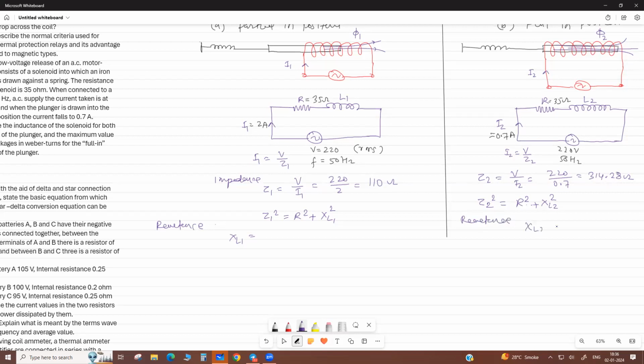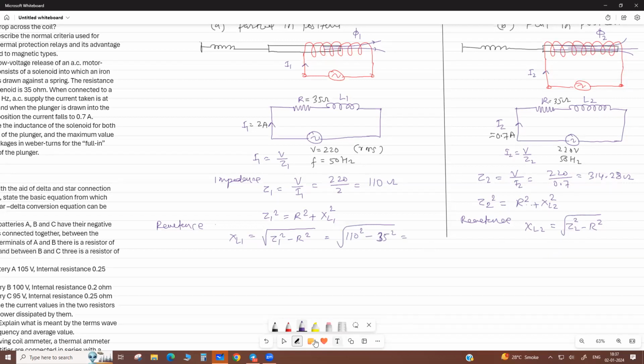So XL2 equals the square root of Z2 square minus R square. Here also, Z1 square minus R square. Please, 110 square minus 35 square, correct? Root.